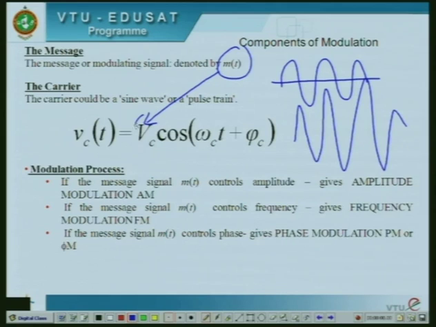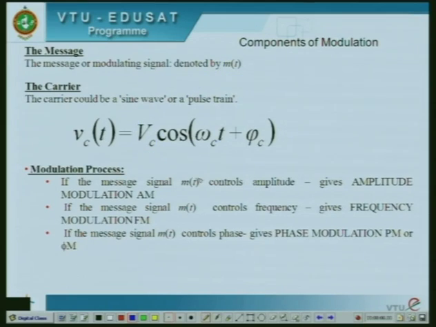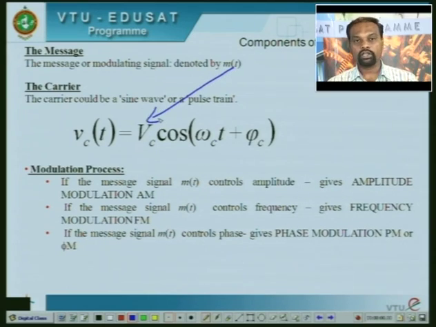We call that process amplitude modulation. Let me repeat it: if the modulating signal M of t is able to change the amplitude of the carrier signal Vc, we call it amplitude modulation. So amplitude modulation is when M of t manipulates or modulates Vc.